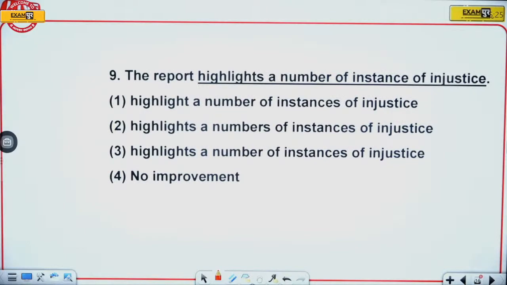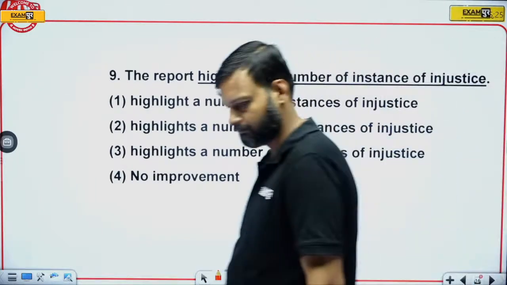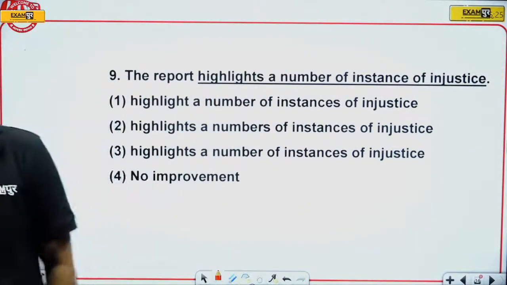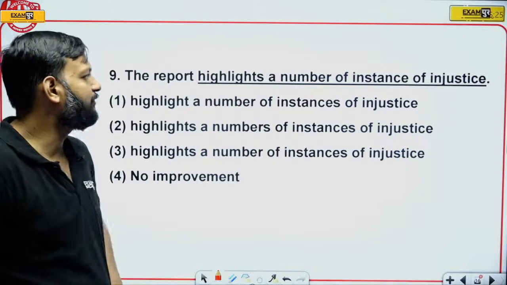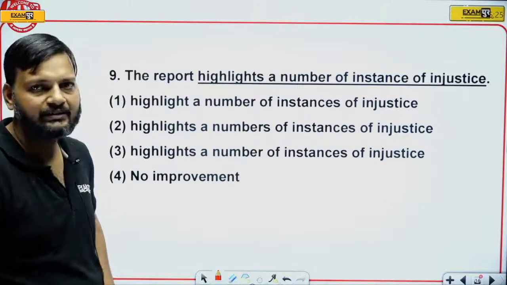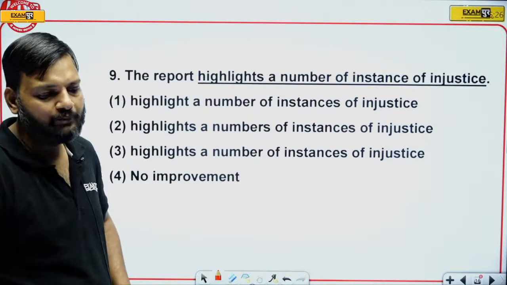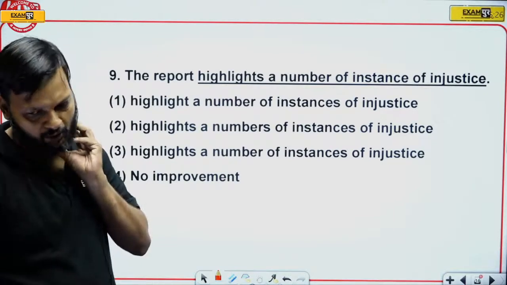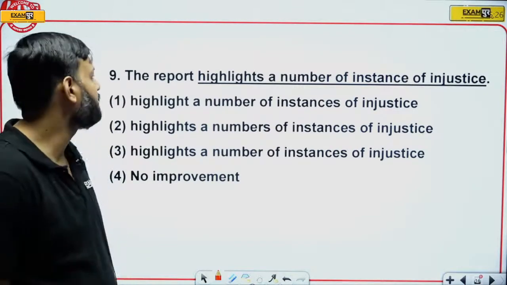Let's see the next question, question number 9. The report highlights a number of instances of injustice. What should be the improvement here? Or does this sentence have no improvement?